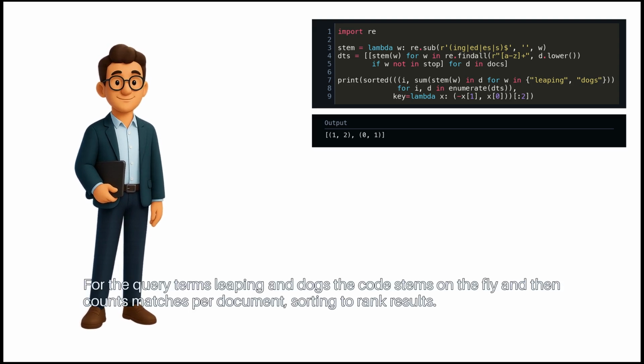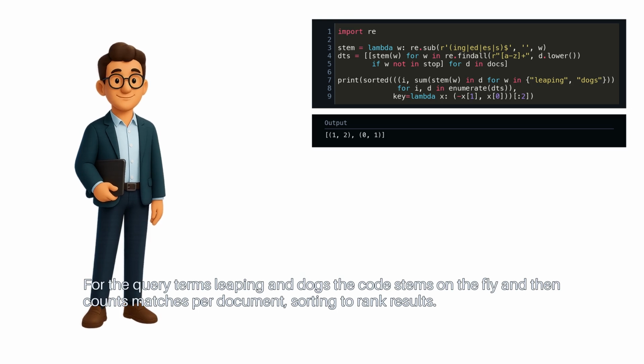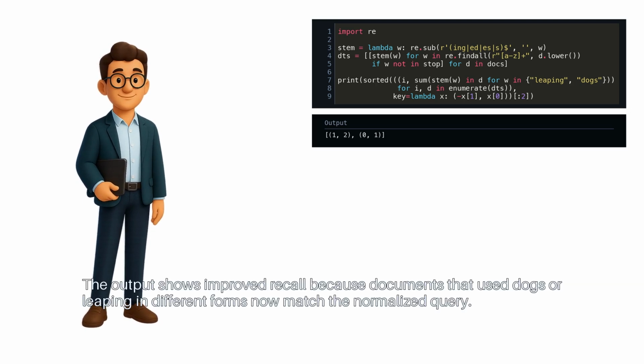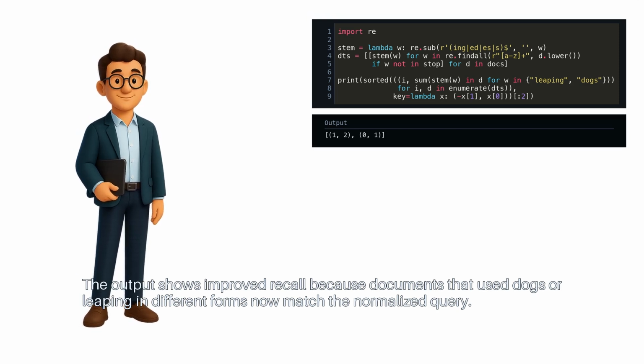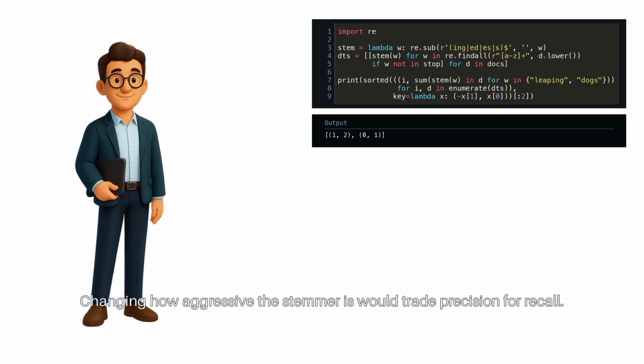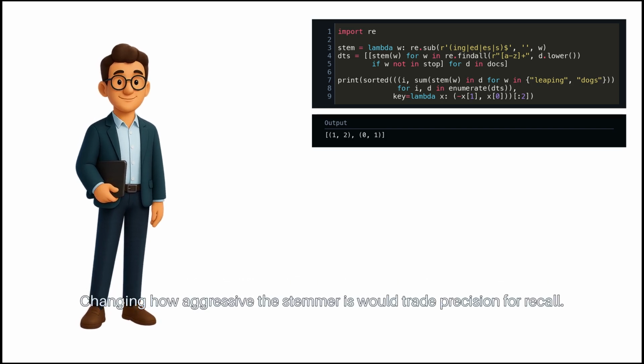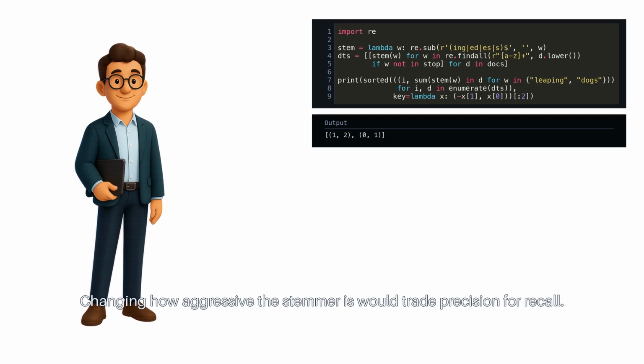For the query terms leaping and dogs, the code stems on the fly and then counts matches per document, sorting to rank results. The output shows improved recall because documents that used dogs or leaping in different forms now match the normalized query. Changing how aggressive the stemmer is would trade precision for recall.